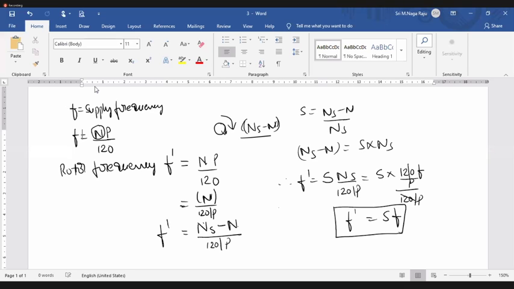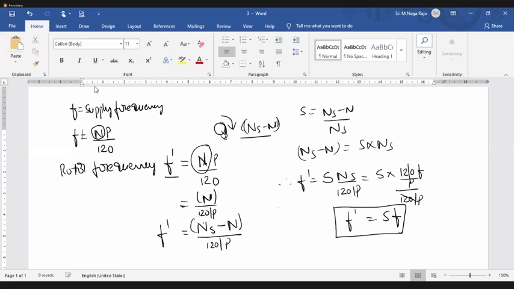I'll explain again. The general formula for frequency is N times P by 120. For rotor frequency, denoted f dash, the formula is also NP by 120, but the speed is the relative speed between the stator flux and the rotor speed, which is Ns minus N. From the slip value we substitute, and we get f dash equals s times f.